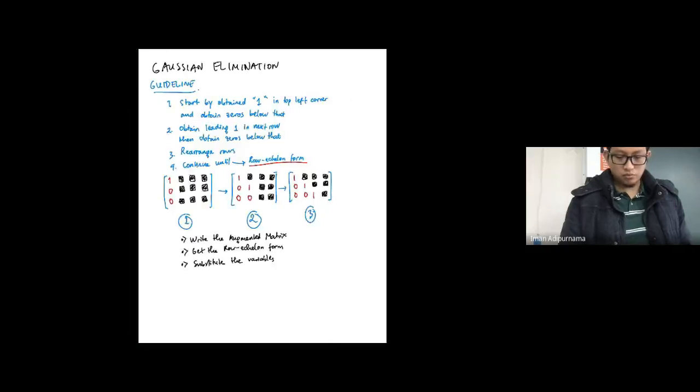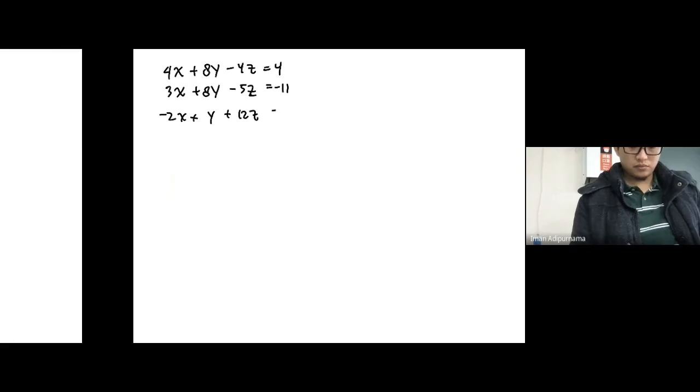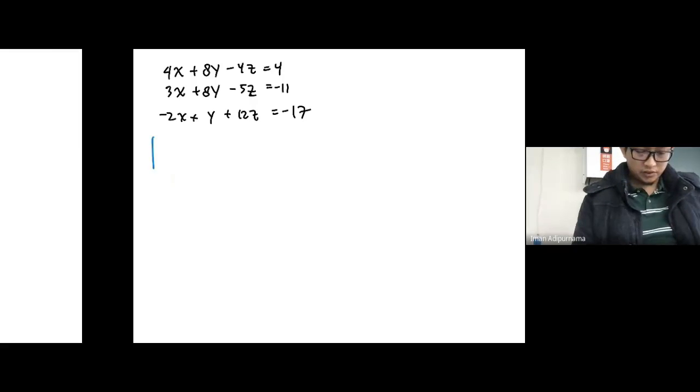Let me make a new one so we can try it, and let me make the augmented matrix first.